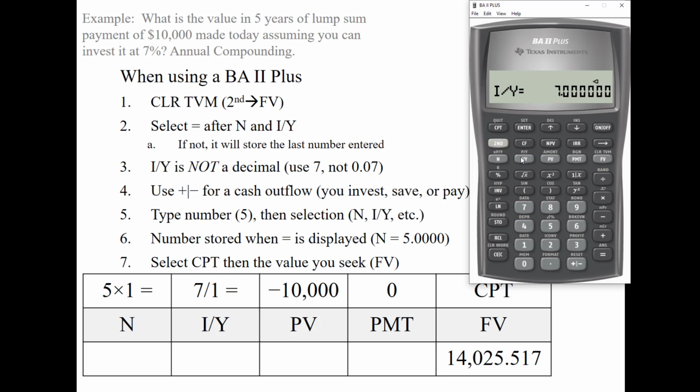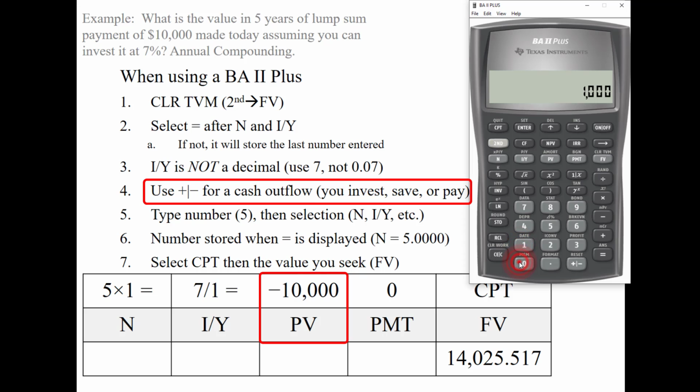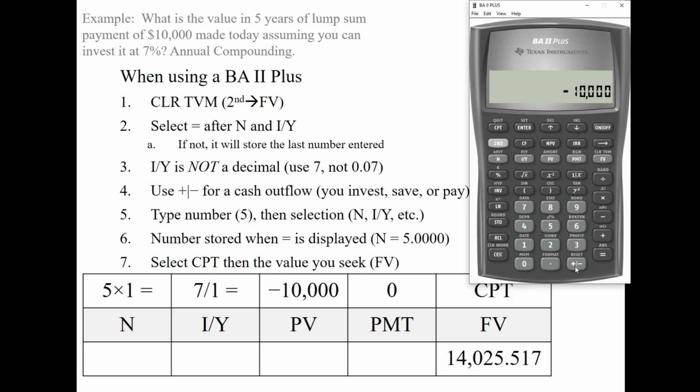The next is our present value, and we're going to assume today we make a payment of $10,000, and that's going to be a cash outflow, so that's why we use a negative amount. So I'm going to type in 10,000 and then hit the plus or minus sign. And then I'll hit PV. In this case, we do not have an annuity, so I'll put a 0 in for the payment.